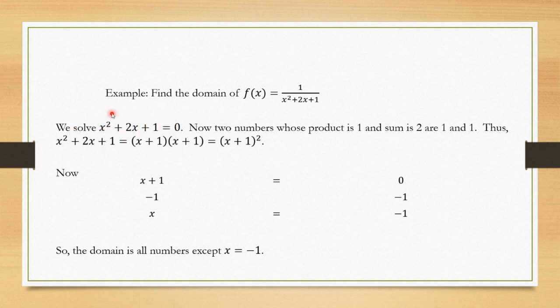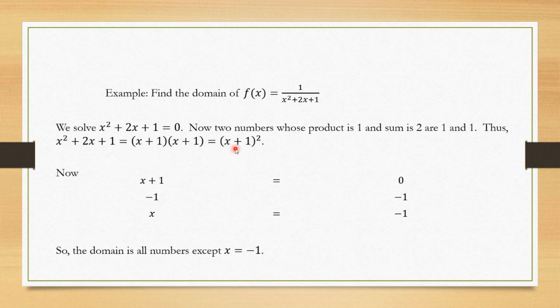You have 3 terms, degree 2. The leading coefficient's 1. So it's a special case of the AC method. You want 2 numbers whose product is 1, but the sum is 2. Well, of course, the 2 numbers are going to be 1 and 1. 1 times itself is 1, and 1 plus 1 is 2. So this becomes x plus 1 times x plus 1, which is x plus 1 squared.